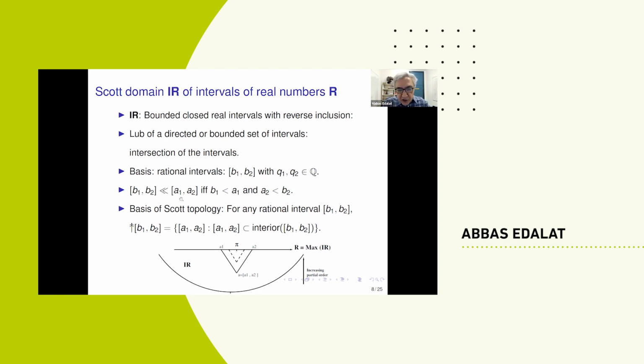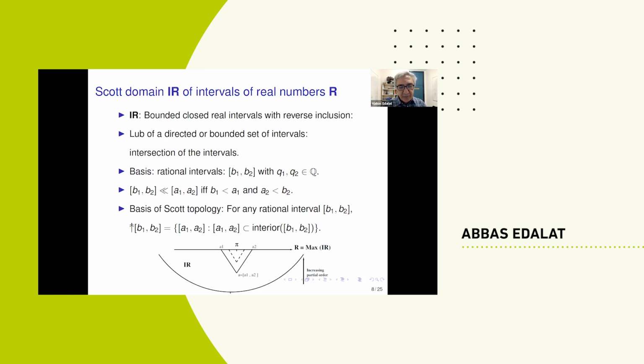And the way below relation is that we have got an interval B1, B2 way below A1, A2 if A1 is strictly bigger than B1 and A2 is strictly less than B2. So in a sense, A1, A2 should be in the interior of this interval. And I think that was one of the motivations for Dana Scott to abstract from this property of intervals to deduce the notion of way below relation for partially ordered sets in general.